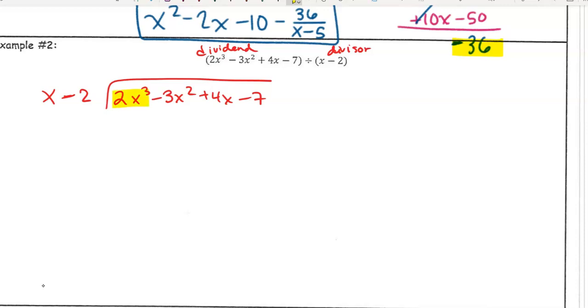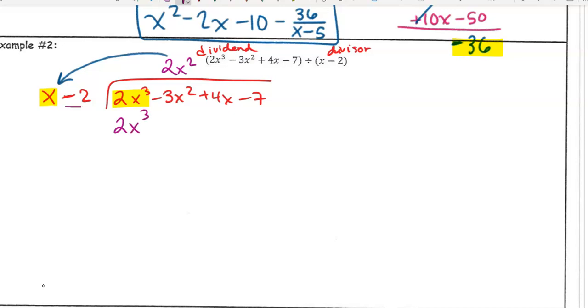And now we're going to divide. Divide the first term by the first term. So 2x cubed divided by x leaves us with 2x squared. And then we go into multiplying. 2x squared times x is going to bring us right back to 2x cubed.